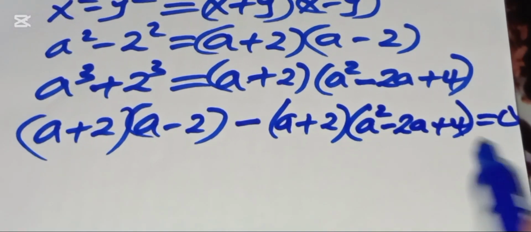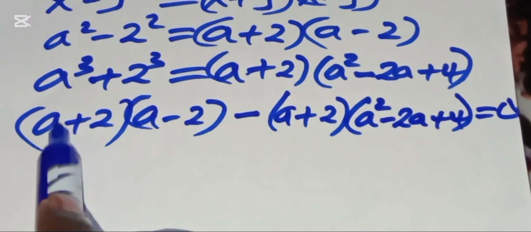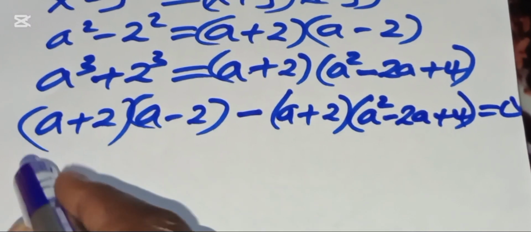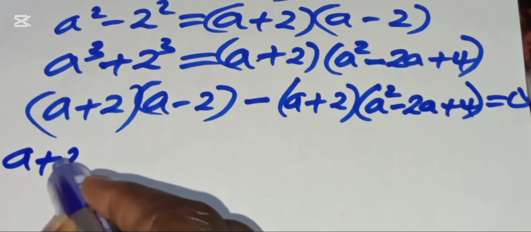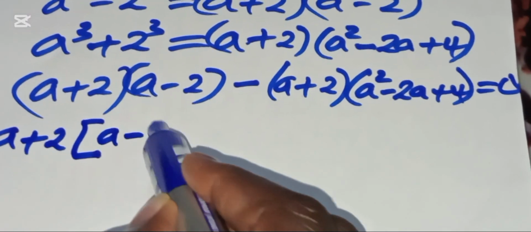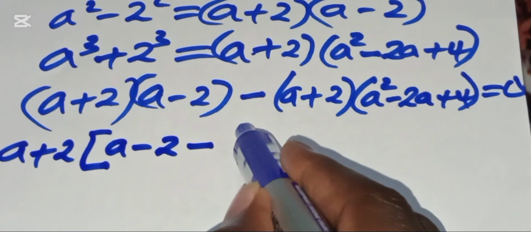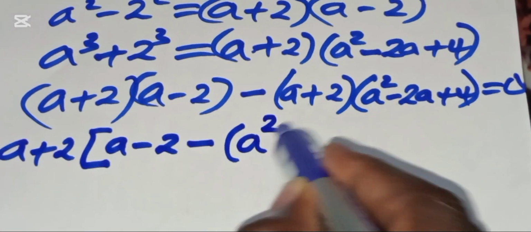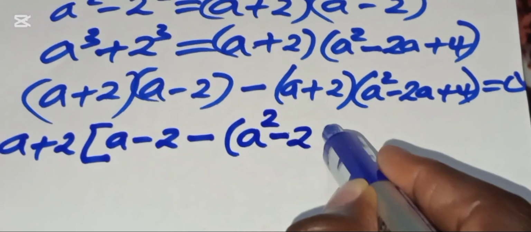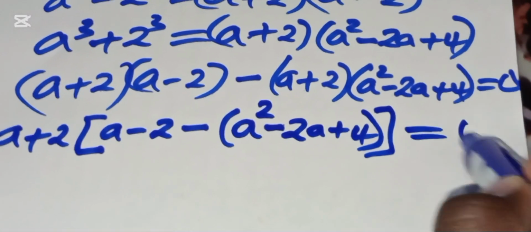Okay, now from the equation we have, a plus 2 is common, so we can factor out a plus 2. Let's factor out a plus 2, so that we'll have a subtract 2 subtract a squared subtract 2a plus 4, equal to 0.